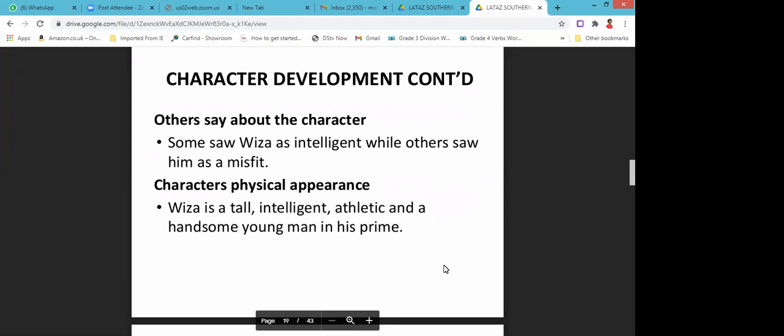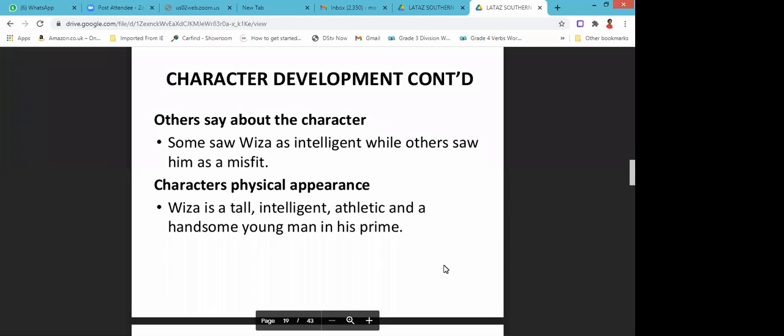Now, apart from the actions and what the character says, let's go and see what other characters say about Wiza. Continue with Wiza from Quills of Desire. So some look at Wiza and say, oh, he's intelligent, while others think he's just troublesome.